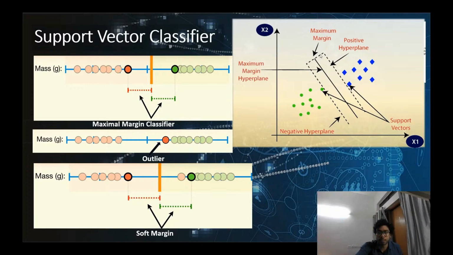In this case, this distance is the margin, right? Similarly, if you have three-dimensional data, your support vector classifier would be a 2D plane, and so on. For four-dimensional data, it will be a 3D hyperplane, right? I think it's clear, right?